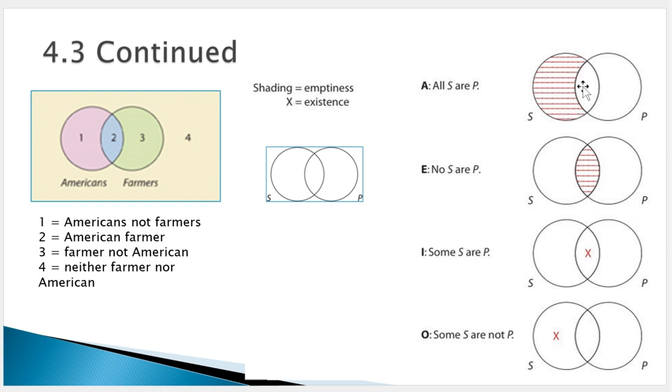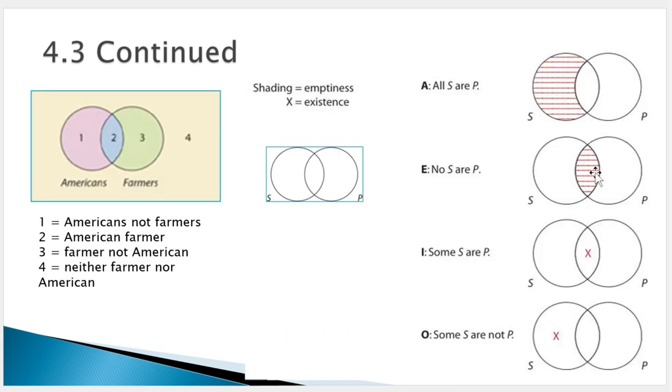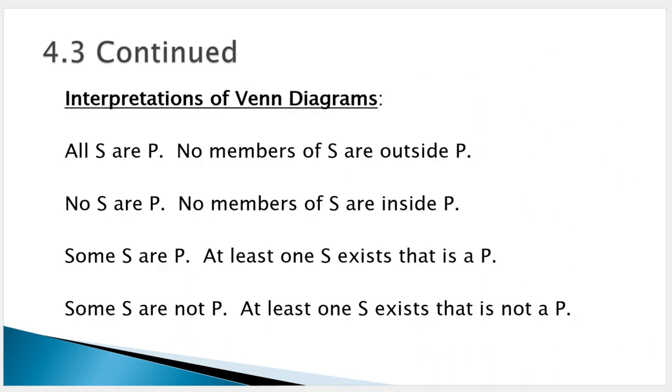So this doesn't exist because all S have to be inside of P. Hopefully that makes sense. No S are P means no members of S should be inside P. And if you look back, look at the circle S. All of these are empty because they cannot be part of P. Making sense? Hopefully. Some S are P: at least one S exists that is a P. So that's why they have the X in the overlap. And then some S are not P.